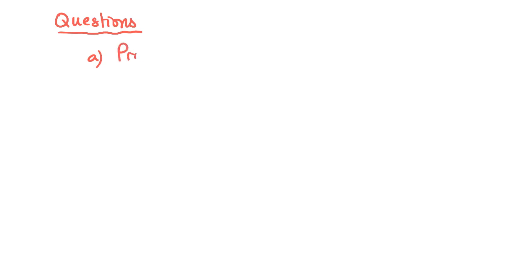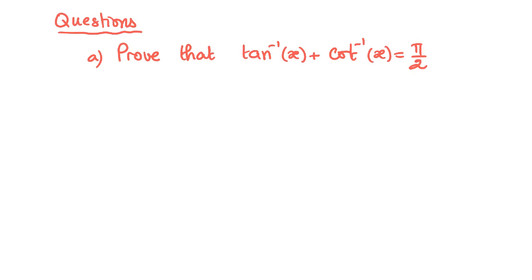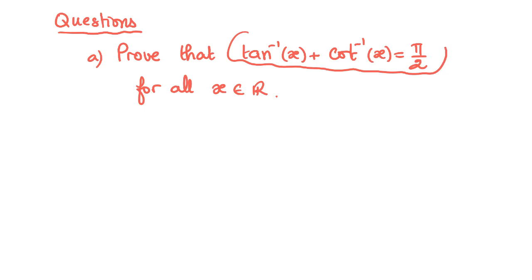First, a fairly simple one, prove that tan -1 of x plus cotangent -1 of x is always equal to pi over 2, this time for all x in the set of real numbers. So we have an identity that you can try and prove. This one is fairly simple.